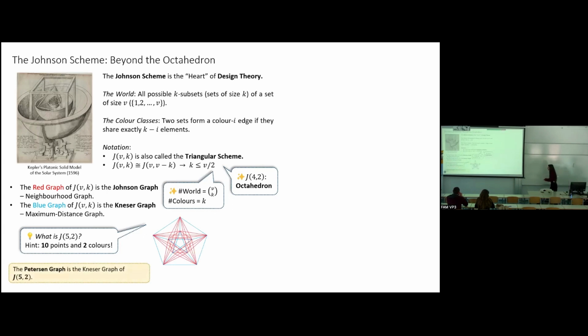Okay, so technically speaking, maybe it's dual to yours, but the Petersen graph is the Kneser graph of this scheme. So what does it mean? It's the blue graph, a Johnson graph complement. Maybe you remember that at the beginning I said, let's pick the Petersen graph and use the red to color this.